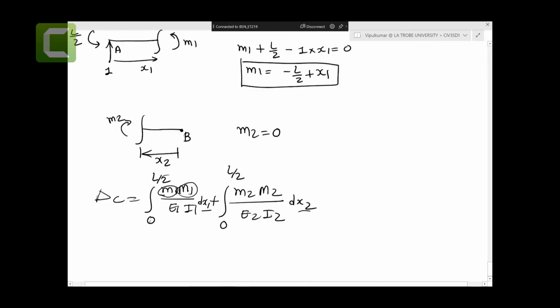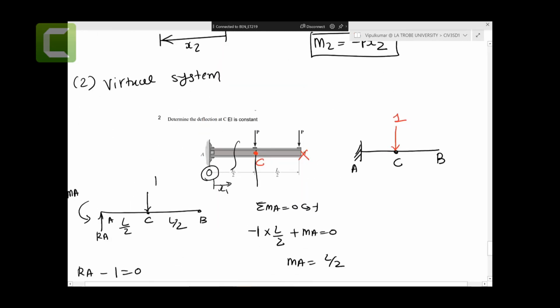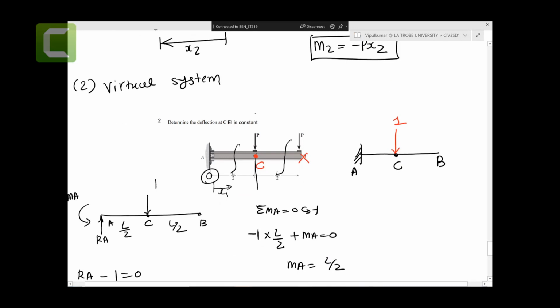Similarly here, x2. If you come back here, we started x2 here, so that is 0, and it finishes at this point, 0 to L by 2. If someone started x2 here, then you might have L by 2 to L. So depending on where you started, you need to have these limits, right?